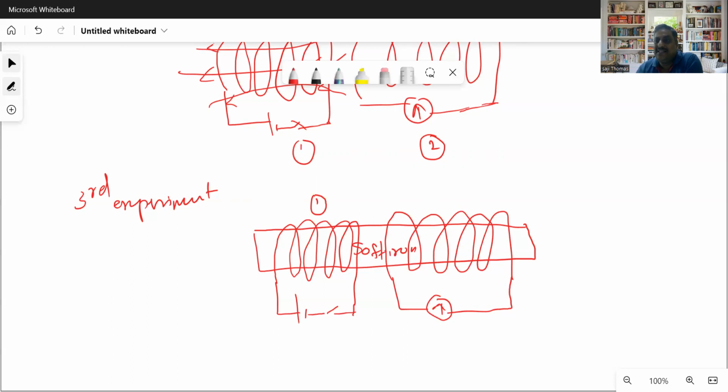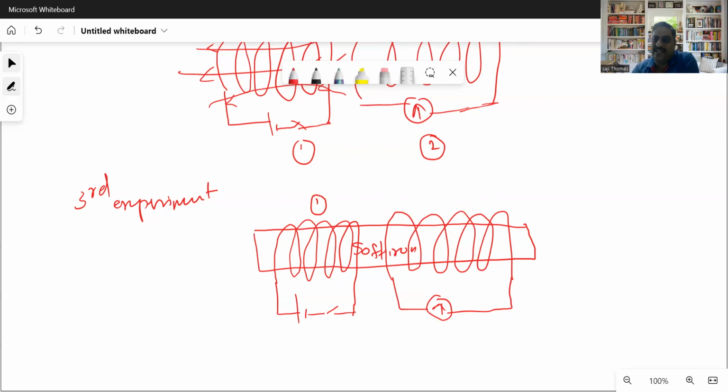This was the conclusion of Faraday's experiment: an induced EMF or current lasts as long as the change in magnetic flux takes place.